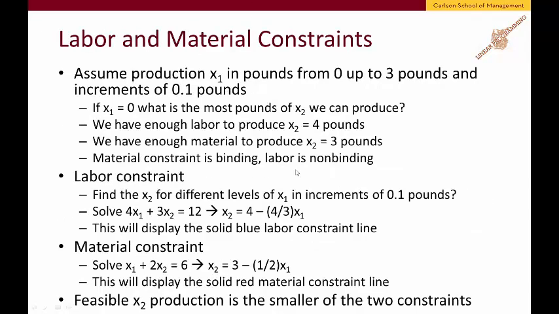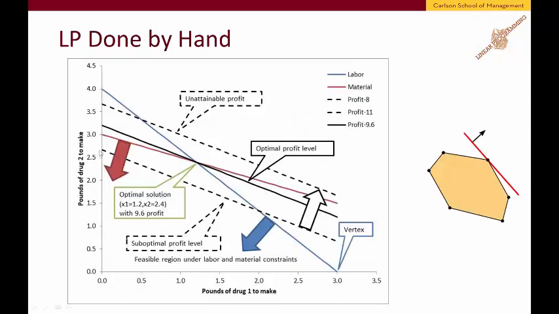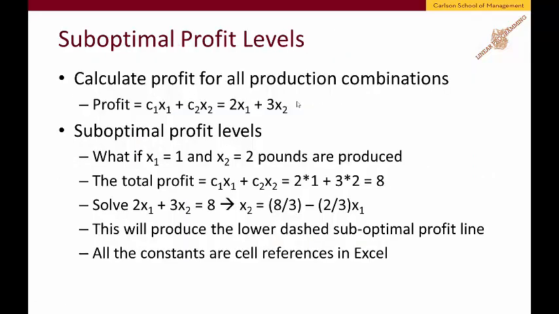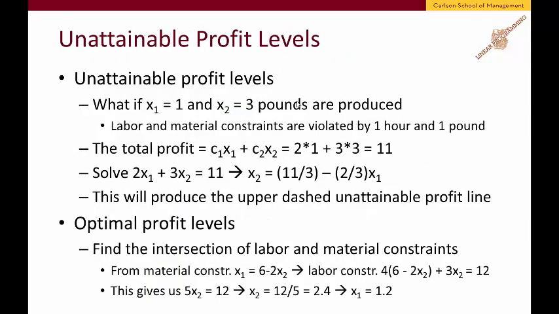That literally corresponds to taking this dashed line, the suboptimal profit contour, and shifting it up to here. That's the 11/3, that's the 8/3, and by shifting I mean in parallel. So this will, as it says here, produce the upward dashed unattainable profit line.